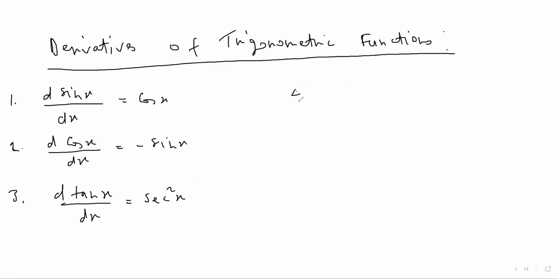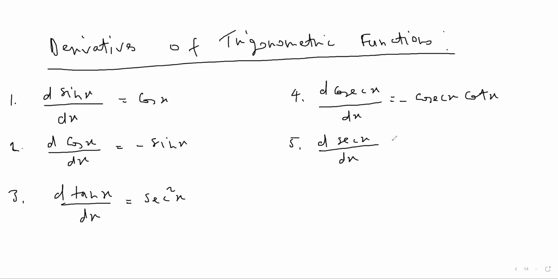And number four, now let's go to the reciprocal functions. The derivative of cosec x with respect to x is equal to minus cosec x multiplied by cot x. Number five, the derivative of sec x with respect to x is equal to positive sec x multiplied by tan x.